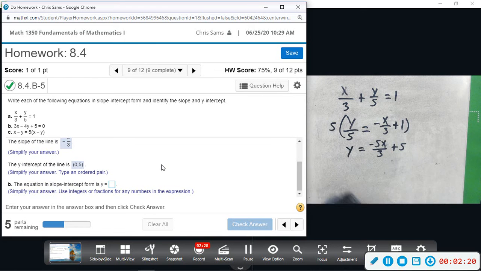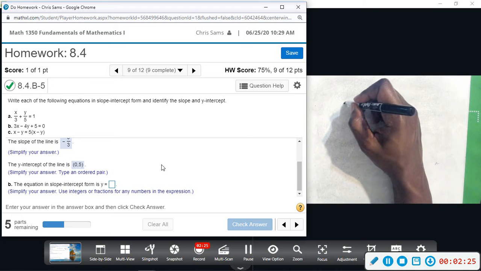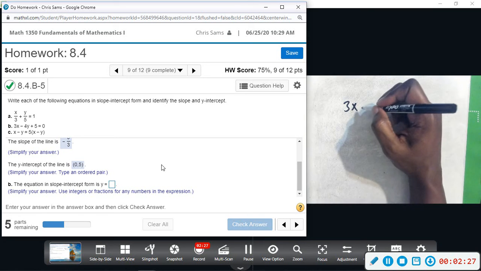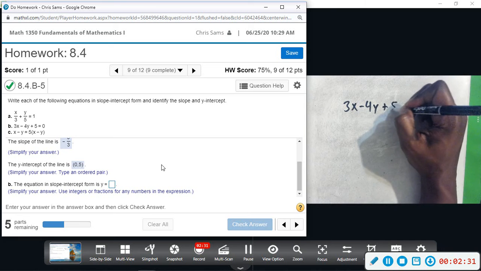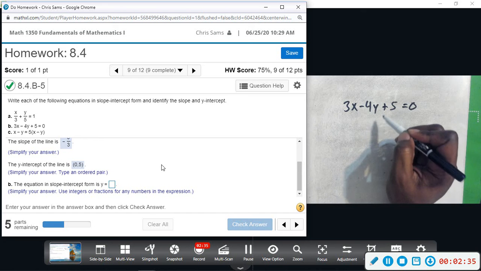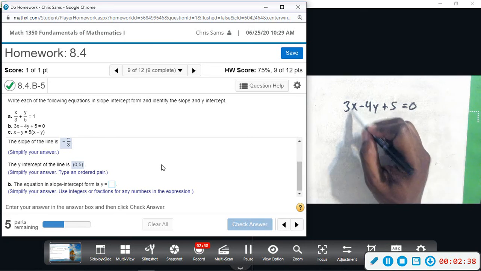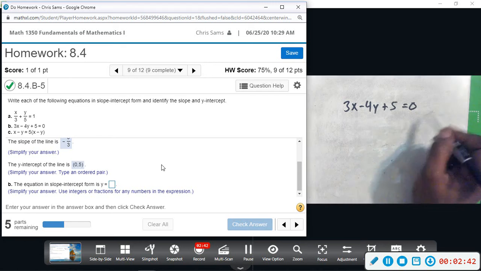Alright, so now we're going to do part B, and we have 3x minus 4y plus 5 equals 0. So this time to get y by itself, I need to move two terms, the 5 and the 3x. We're going to move both of those over, and they're going to become negative when we move them.